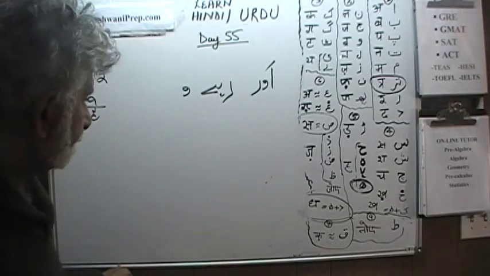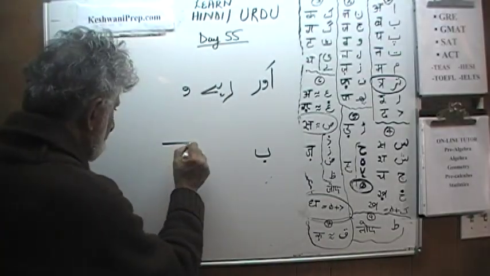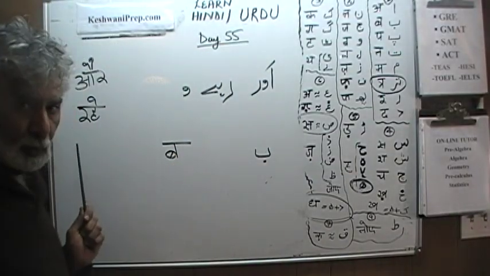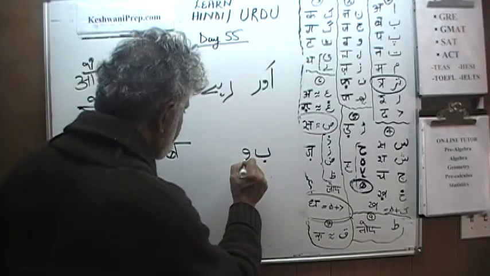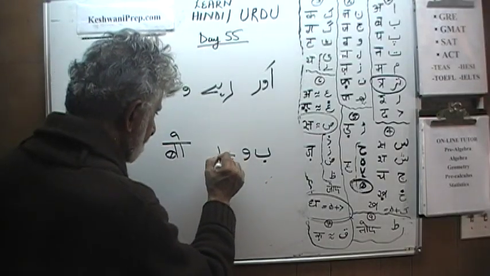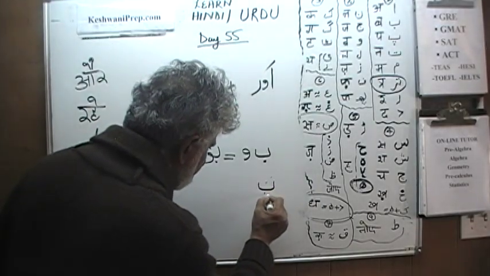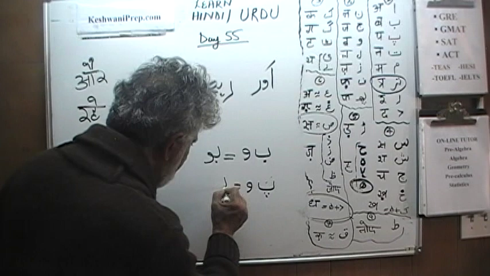Listen carefully. To convert ba into a bo, o ki matra, we put a wow next to it, combine with a wow, and it becomes an o ki matra, and it looks like this. To convert p, we take a p and combine with wow and it becomes a po.